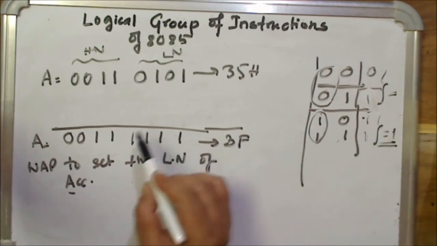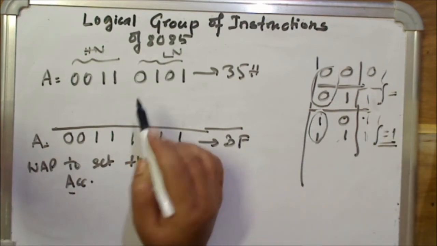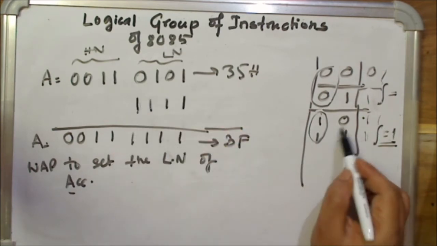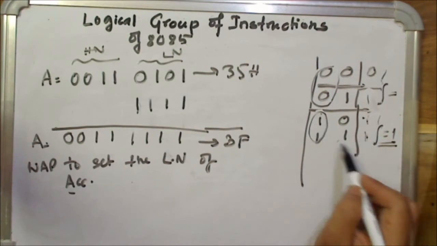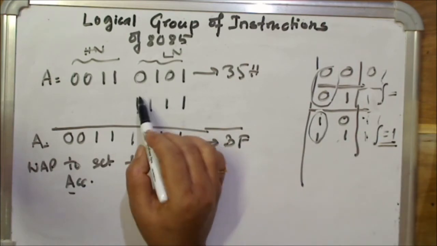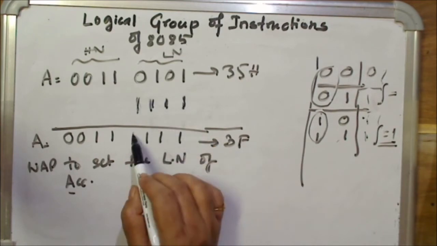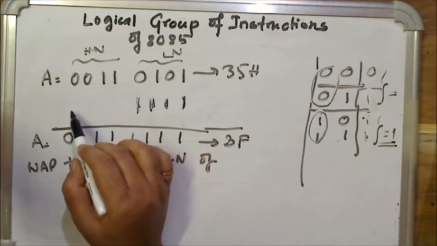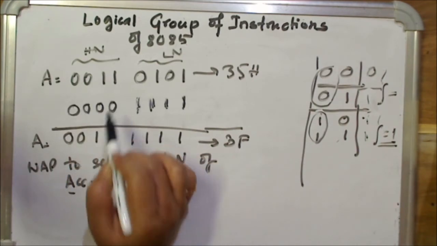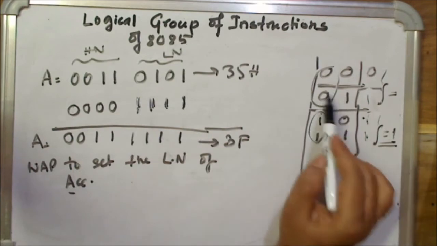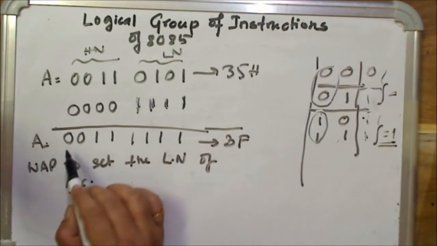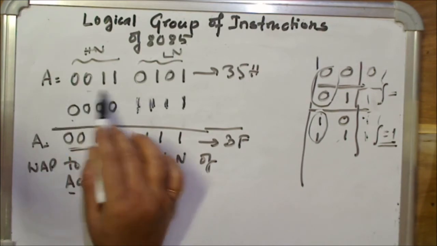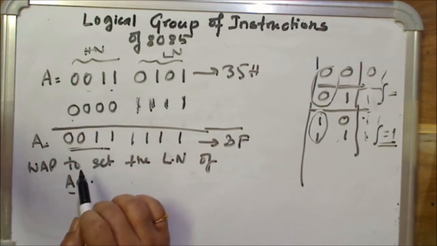So to set the lower nibble, what I have to do? I have to OR the lower nibble with 1, because any number if I OR with 1, the answer becomes 1. And the higher nibble I will OR with 0, because if you OR any number with 0, the number remains as it is.